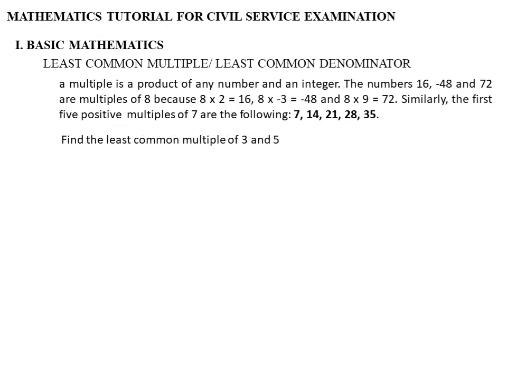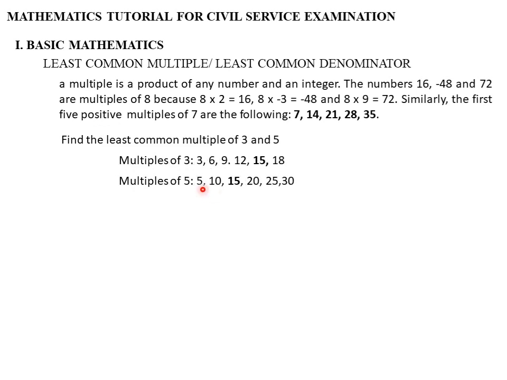Find the least common multiple of 3 and 5. Please take note that this question is asking for the least common multiple, the least. So let's list down first the multiples of 3. The multiples of 3 are 3, 6, 9, 12, 15, and 18.